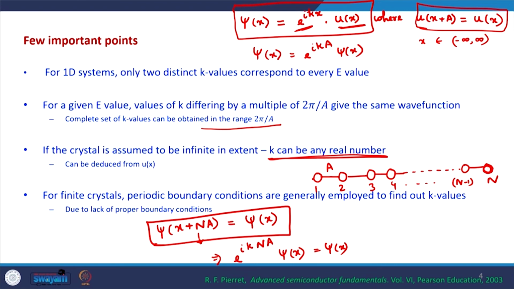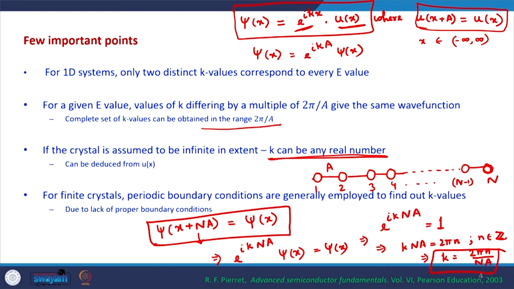So, Bloch's theorem can be applied here as well, and what it implies is that exponential i k times N a is 1, which basically means that k times Na, capital N a, would be 2 pi n, where n can be any integer. So, k is basically 2 pi n by N a.